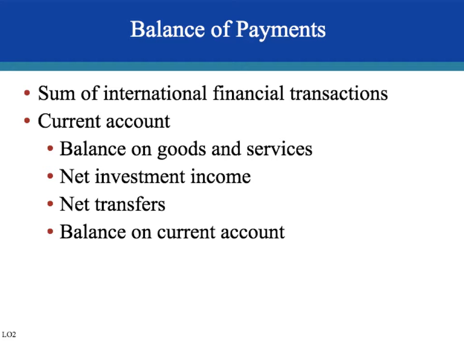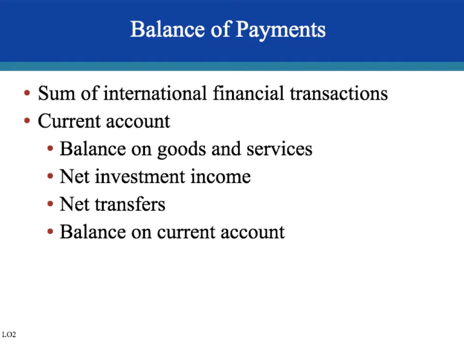They also look at net investment income. So U.S. citizens have capital abroad and foreigners have capital in the U.S. And so U.S. citizens receive interest and dividends from the capital abroad, and then foreigners will receive interest and dividends from their capital in the United States. And so the difference between the two is the net investment income.